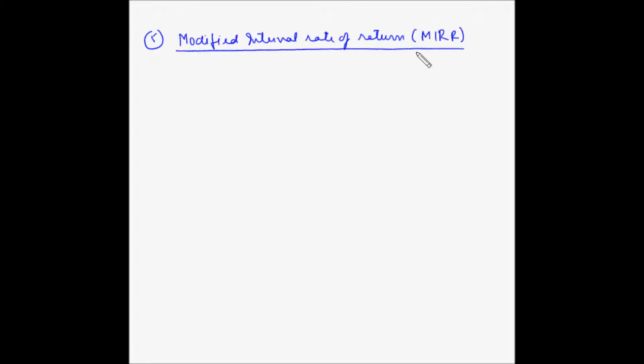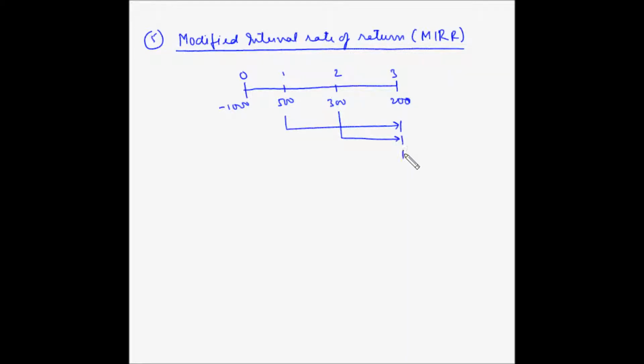Now the next method is the modified internal rate of return, also known as MIRR. Now MIRR involves finding out the terminal value of the cash inflows. So we have to find out the terminal value of the cash inflows.